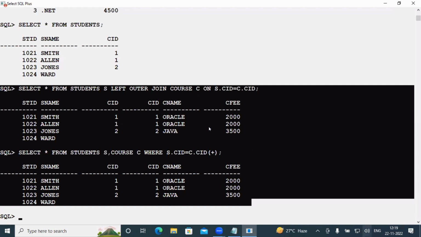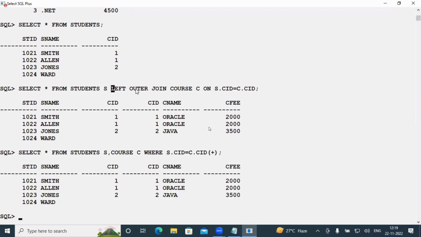Okay, now your small hint is this. Left outer means apply your join operator on the right side table. Right outer means apply your join operator on the left side table. On which side table you applied this, from that table only matching rows are retrieved. See, my plus operator I'm using on course. Then from the course table, which data came?